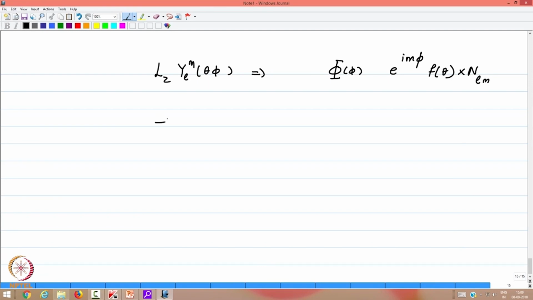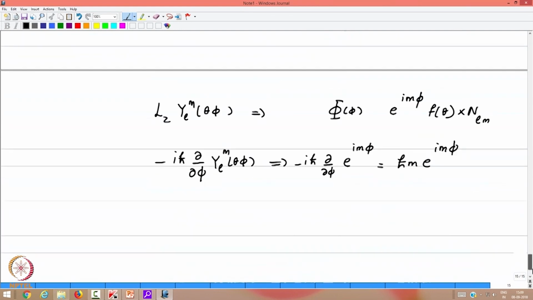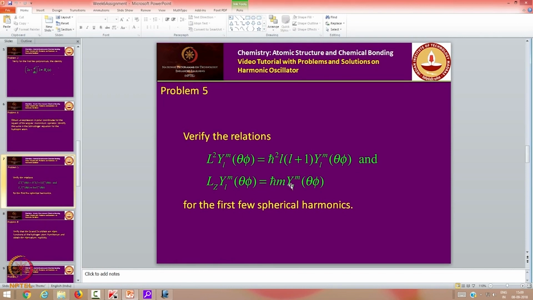Therefore, the Lz operator being minus i h bar ∂/∂phi, its only action on Y_LM will be to do this minus i h bar ∂/∂phi on e to the i m phi, because the other part is the theta part, not affected by this. And this gives you right away minus i into plus i h bar m, and it gives you h bar m Y_LM, and that's exactly what you have in the tutorial. This is true right away. Therefore, it's very elementary, and there should not be any confusion about that.